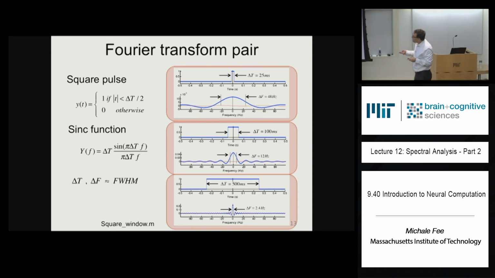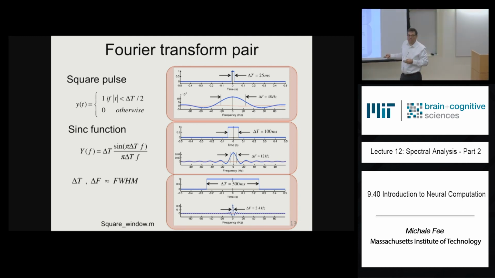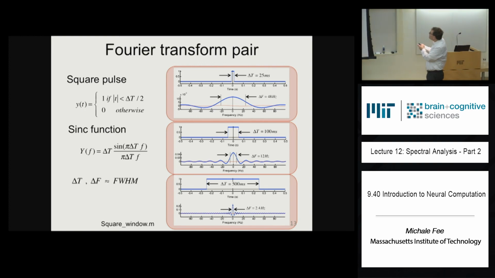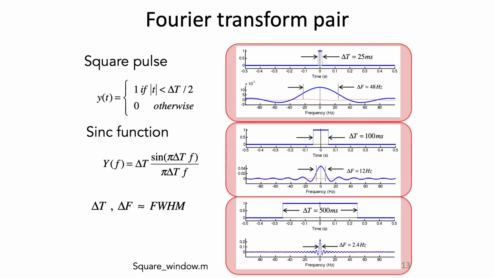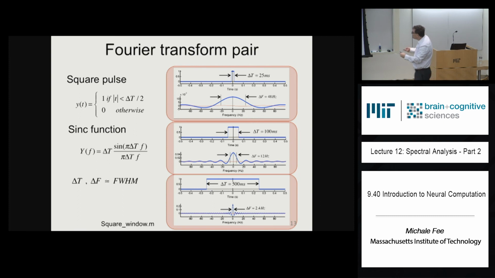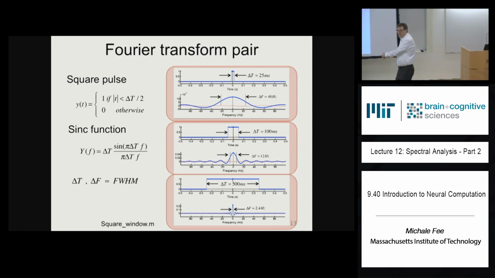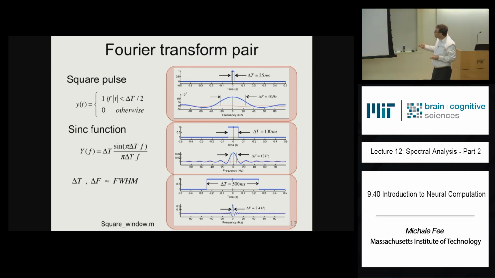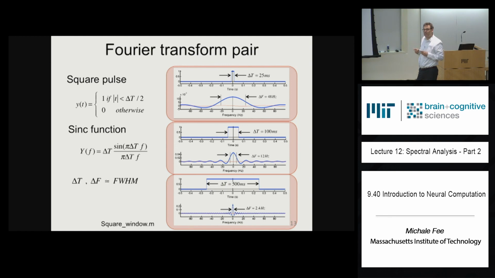And there's a very important concept called the time bandwidth product. You can see that as you make the width in time narrower, the bandwidth in frequency gets bigger. And as you make the pulse in time longer, the bandwidth gets smaller. It turns out that the product of the width in time and the width in frequency is just a constant.